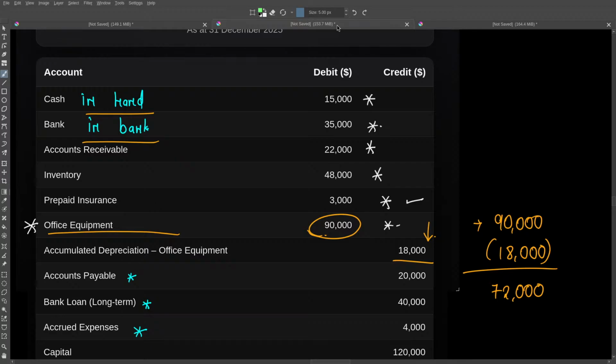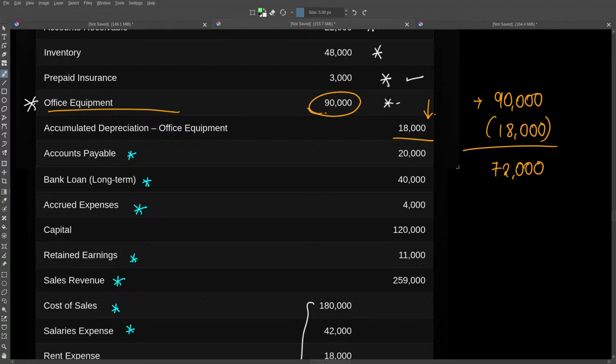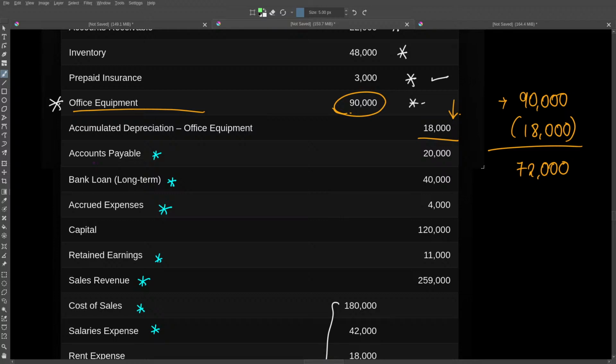We've gone to the equity section, so let us look at the balances for equity accounts. After accounts payable, which is a liability, a bank loan, which is a liability, and accrued expenses, also a liability, we have capital and retained earnings. This is what we have as equity.